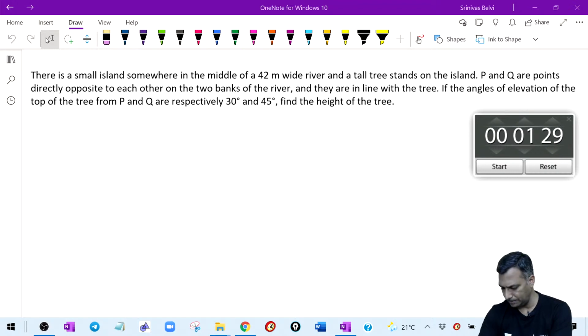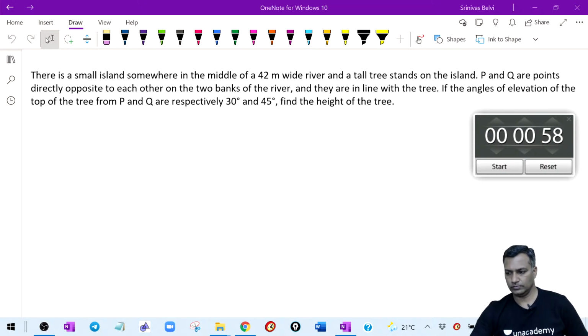Get the diagram quickly. If you get the diagram, it takes only 30 seconds after that to get the final answer.